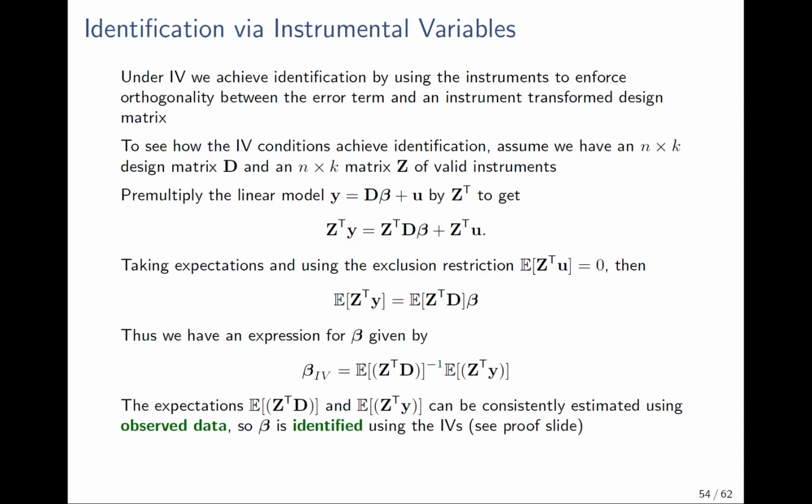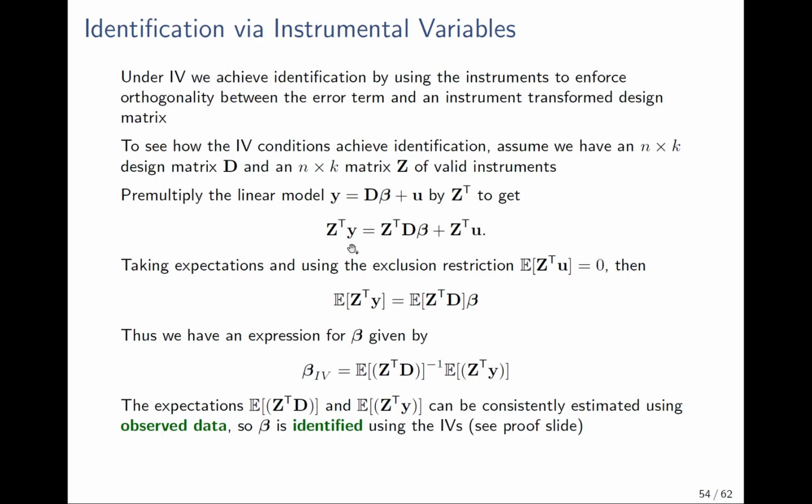To see how this works, we can do it very simply if we assume that the dimensionality of the covariate vector and the matrix of instruments is the same, so they're both n by k. And if that's the case, then we can demonstrate identification by simply multiplying the linear model by the transpose of Z.